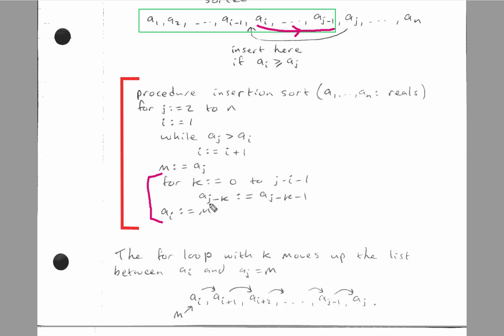In the first step, when k is 0, a sub j is assigned a sub j minus 1, so that moves this value up to here. When k is 1, a sub j minus 1 is assigned a sub j minus 2. So they all get shifted down to a sub i plus 1 equals a sub i.